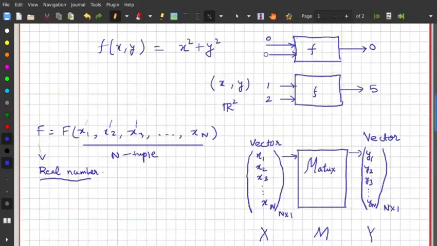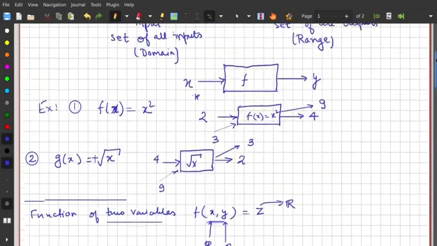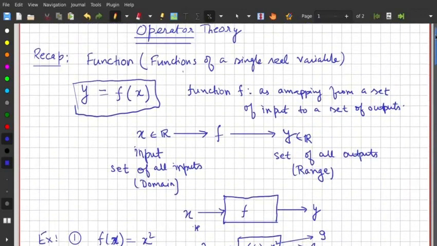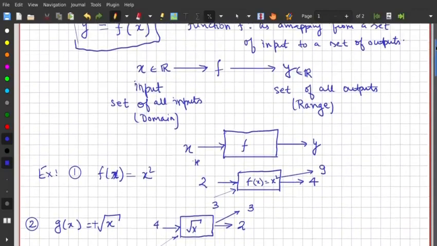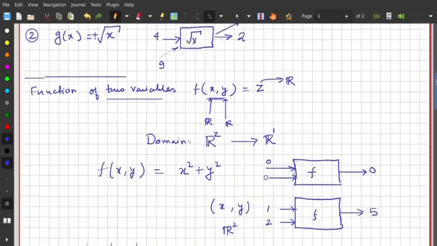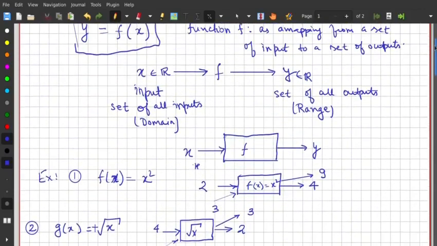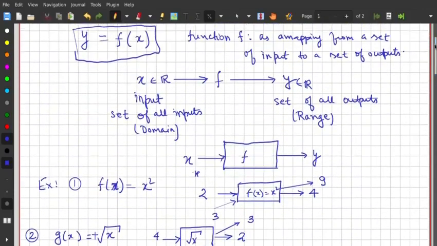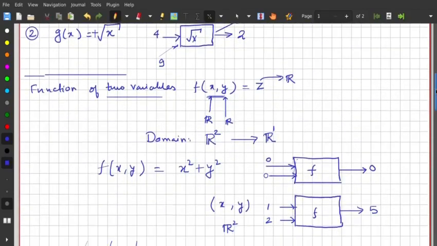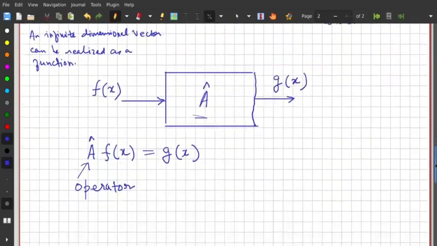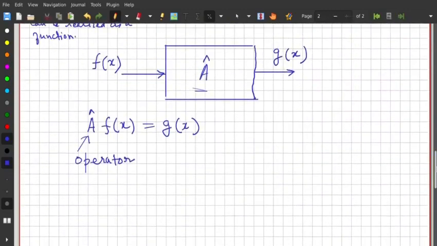A very important point to keep in mind is that when we were dealing with functions where the inputs were discrete objects, like a single variable, two variables, and n variables, the domain set was the set of all numbers, and hence it belonged to R1 space, R2 space, R3 space, and so on.